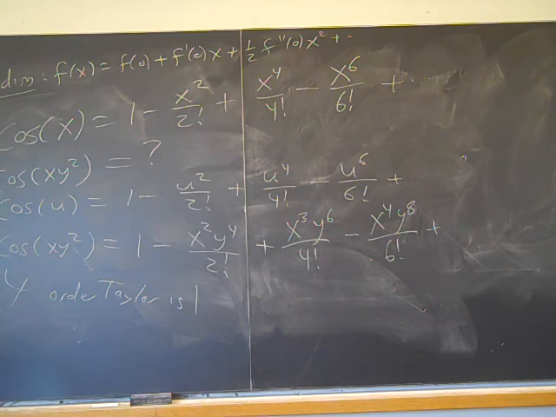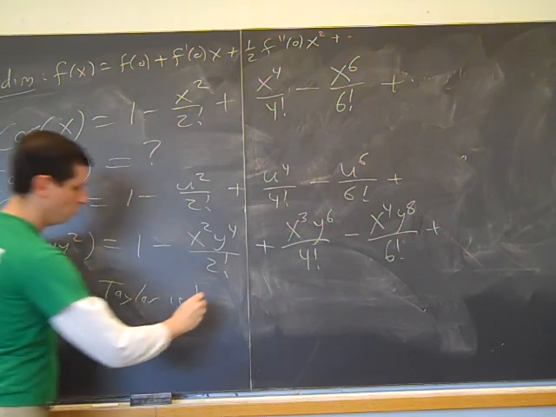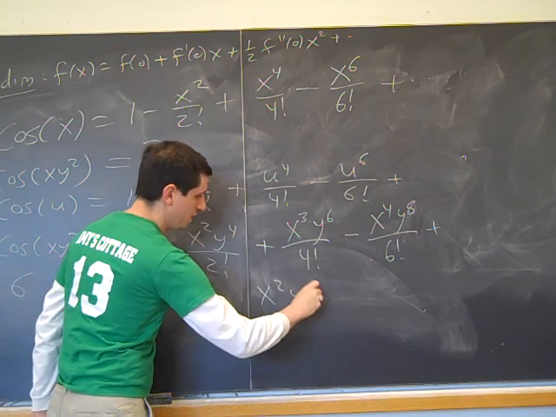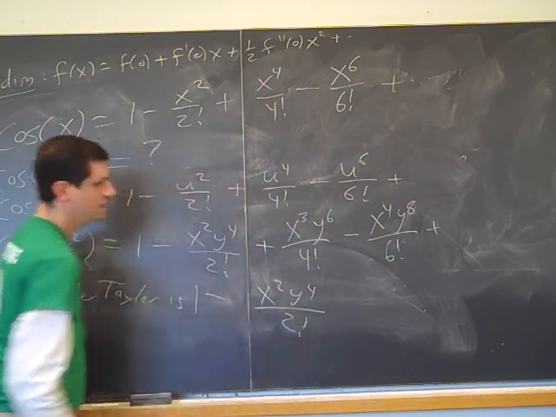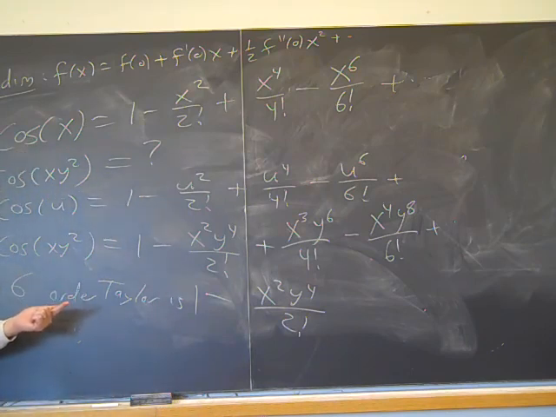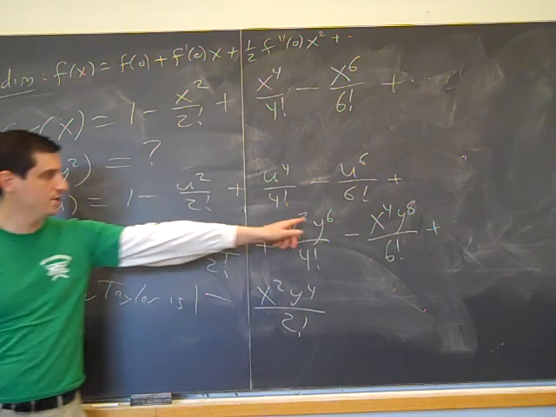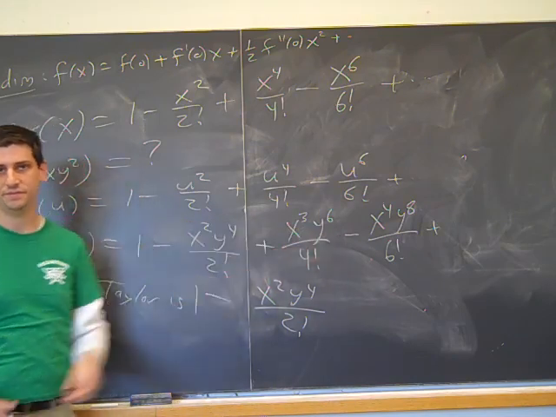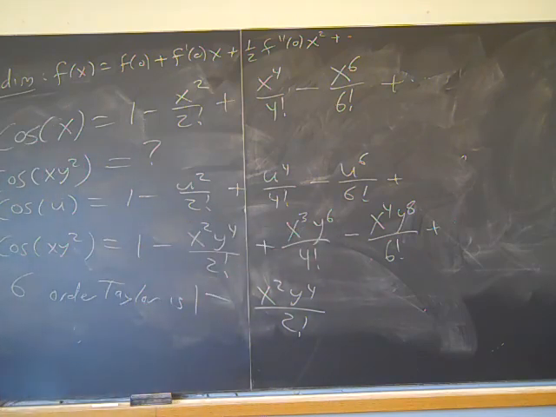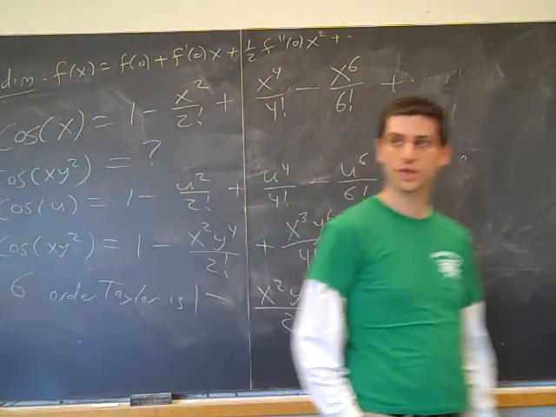Fourth order. Fifth order. Sixth order. 1 minus x squared y to the 4th over 2. Seventh order, 8th order, no change. Ninth order, I would now add this term. Okay? So again, once you know one-dimensional Taylor series, if your functions are of a nice form, you can calculate the higher ones without too much trouble.